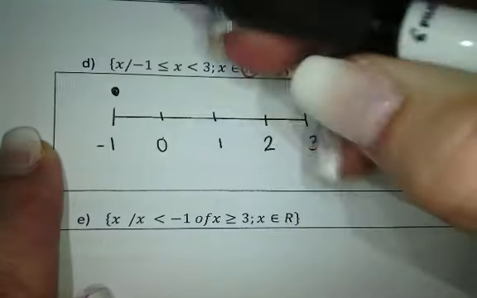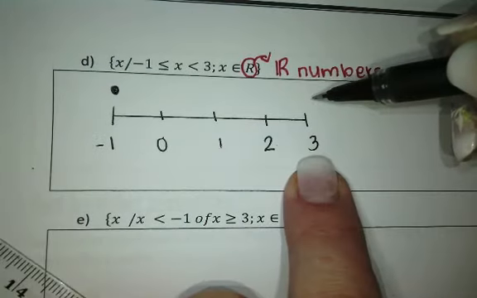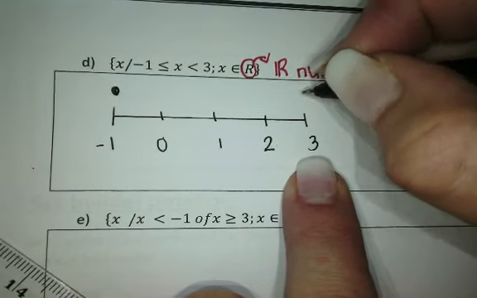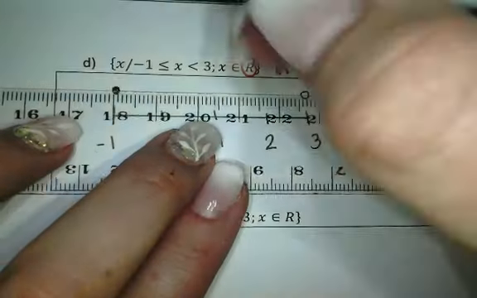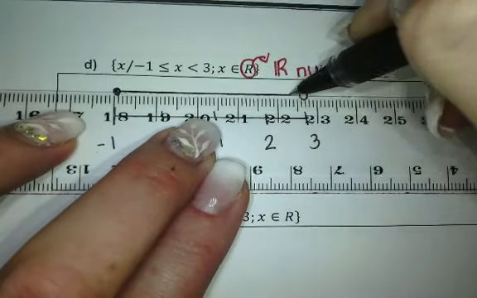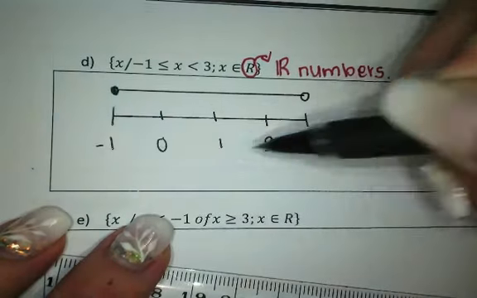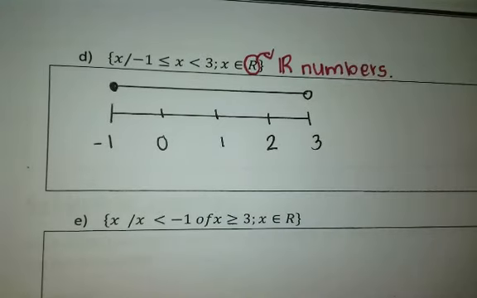A closed one, because it's an including inequality sign. Then we can skip all these and jump straight to the 3, and what dot will we have on the 3? An open one, because it's an excluding inequality sign, and all you do is connect it, because real numbers include everything in between, the 0, 1, 2 and 3.